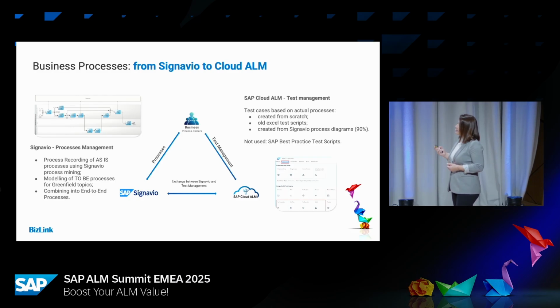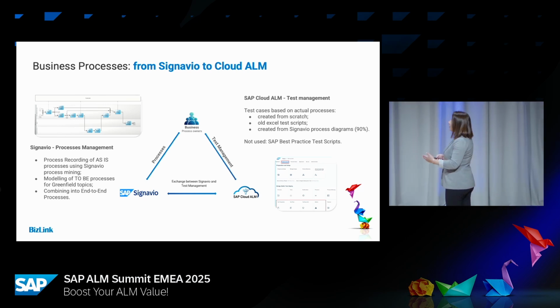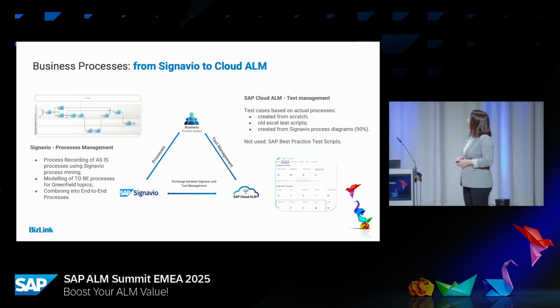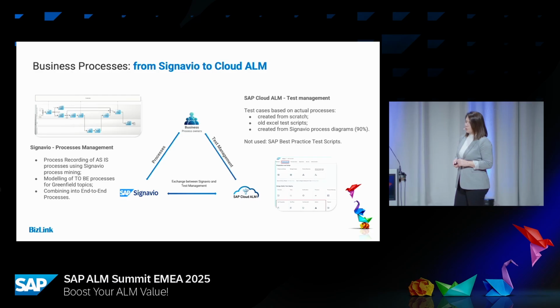So maintaining this loop and life cycle, so that it's not only a one-off job, so Signavio and then test cases in Cloud ALM, it's something you need to maintain until go live and potentially even after, yeah? This was not so easy, but we found a way how it works. This was for business processes, which were one major topic for us.